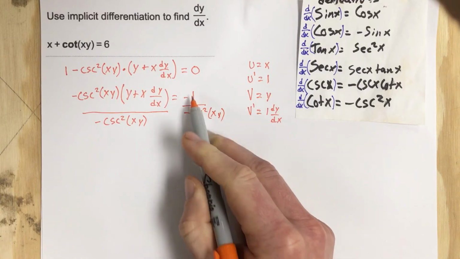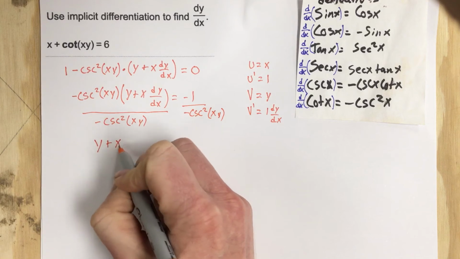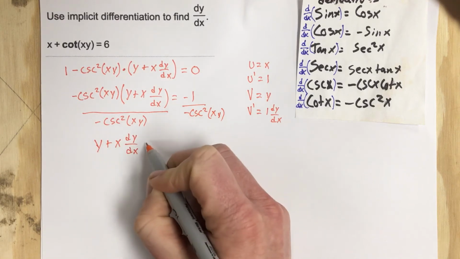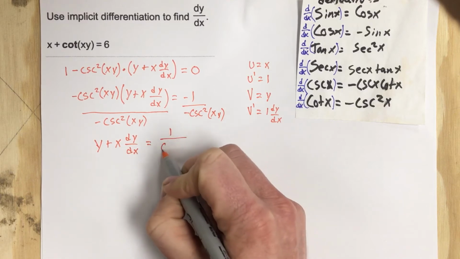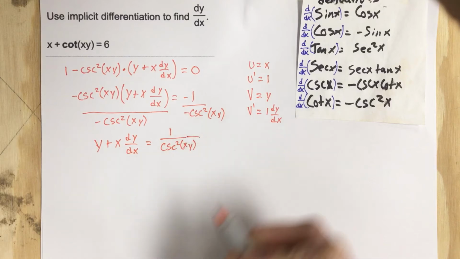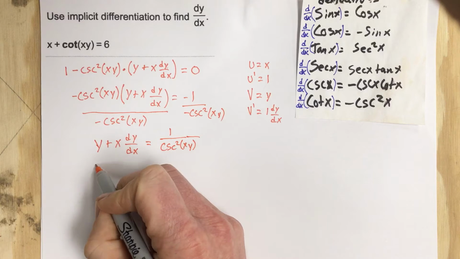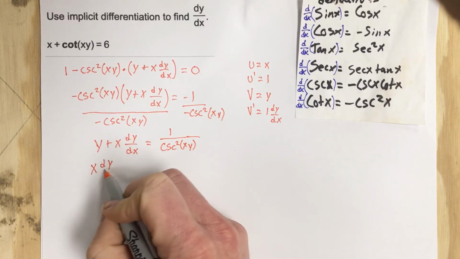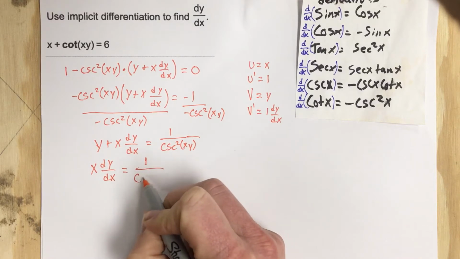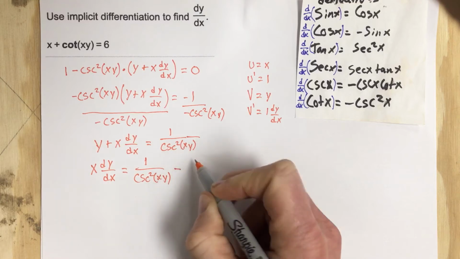And we divide the two negatives, they become positive, right? So we end up with y plus x dy over dx equals 1 over cosecant squared xy. And now I'm going to subtract the y over, so I end up with x dy over dx equals 1 over cosecant squared xy minus y.